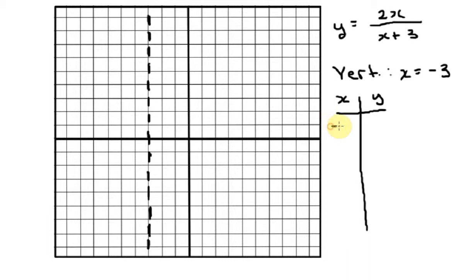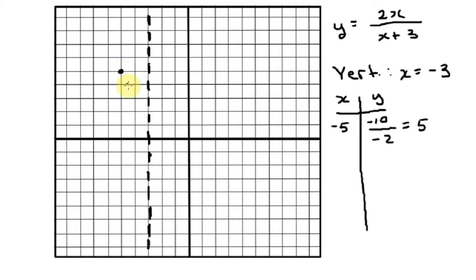If we plugged in -5, let's see what the y value would be. We would get 2 times -5, so that's -10, divided by -5 plus 3, so that would be -2. So we'd get +5. So let's put that point on. -5 corresponds to +5, so right about here.